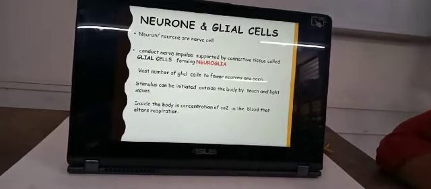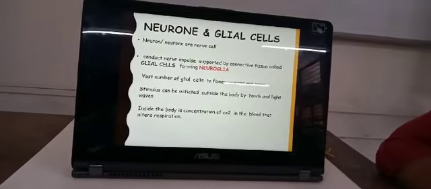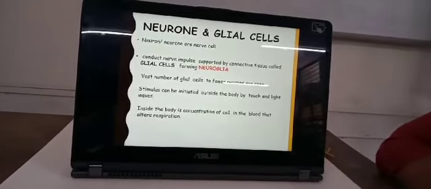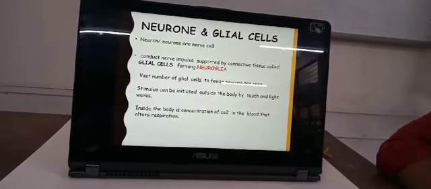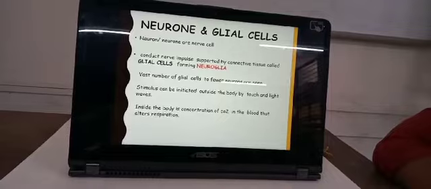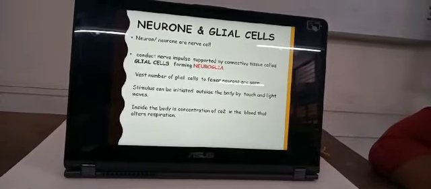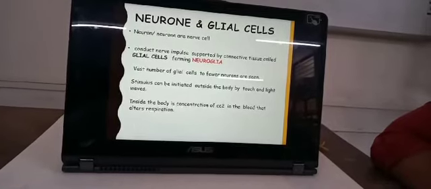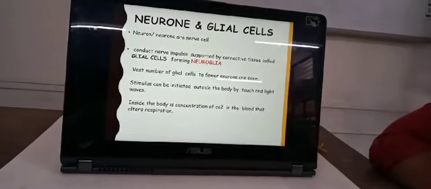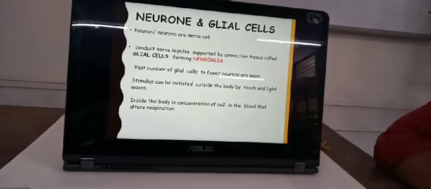Next you have something called as neuron and glial cells. Neuron or nerve cell are all one term, because in your book the three different words are used. All these three represent only one single neuron. It conducts nerve impulses supported by connective tissue, and these connective tissue are called as glial cells.